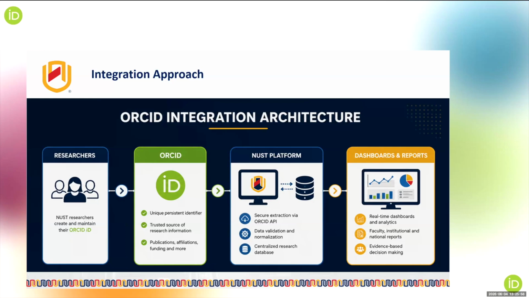Researchers will be uploading their publications to ORCID, and then the NAST platform is going to connect to ORCID via the membership API, extract whatever information we need from ORCID, and then feed that into a dashboard. The dashboard we have currently is using Power BI to visualize these reports.